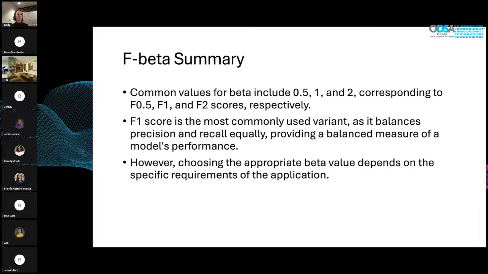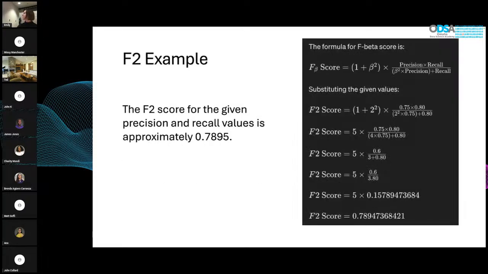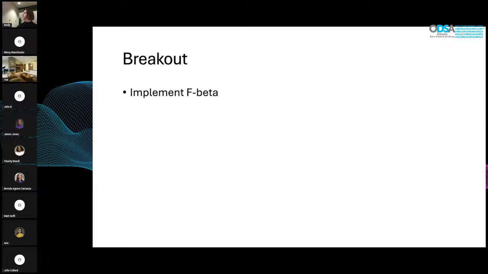But choosing that beta really just depends on your use case. Is that chosen arbitrarily? It is not chosen arbitrarily.